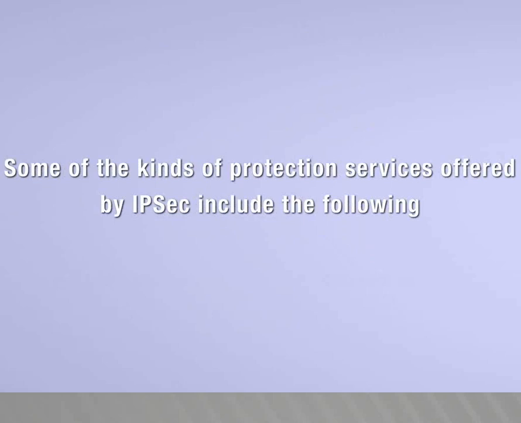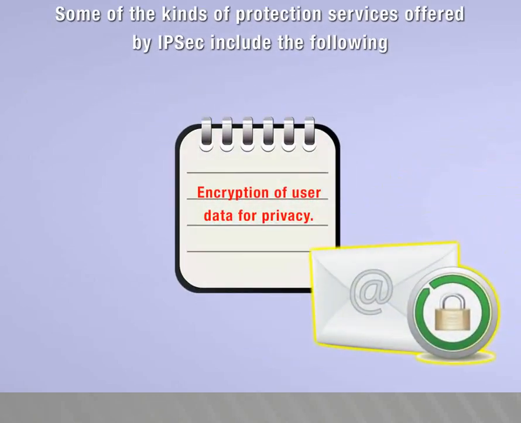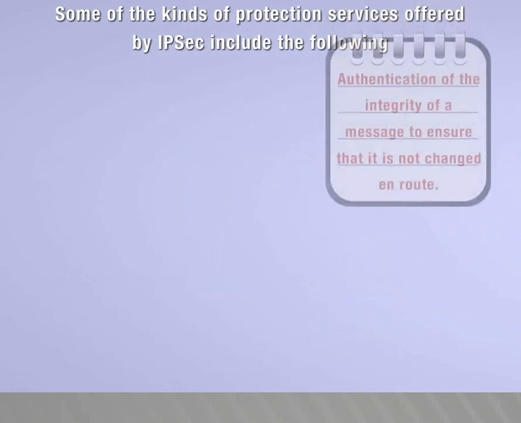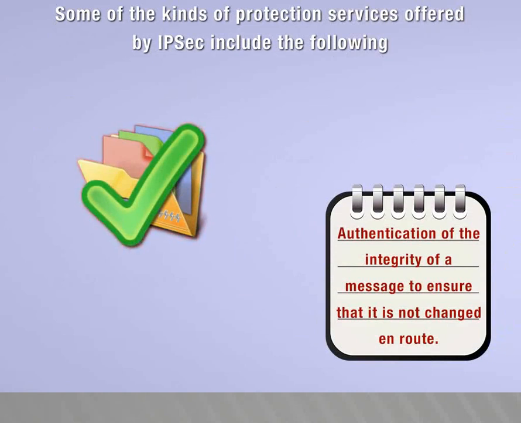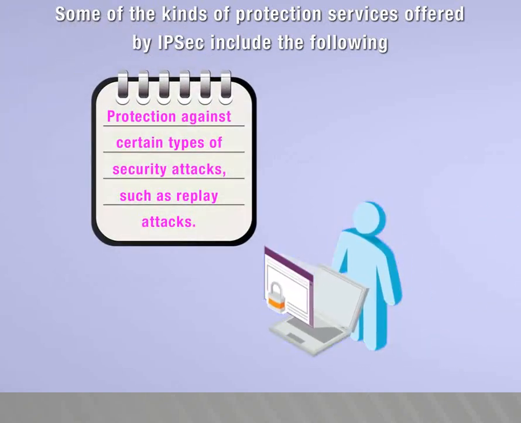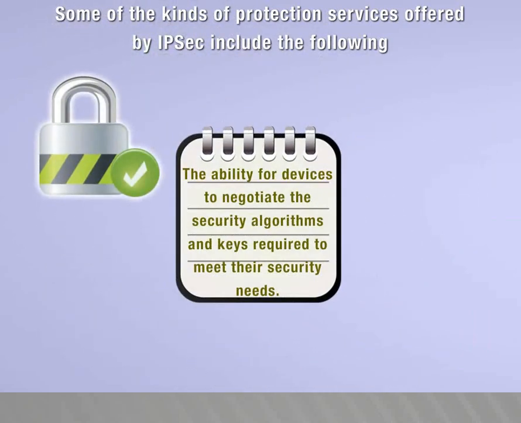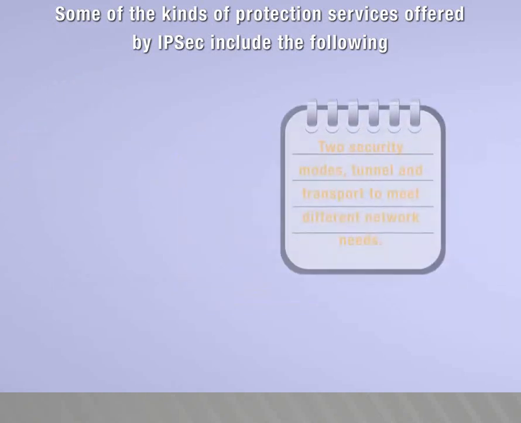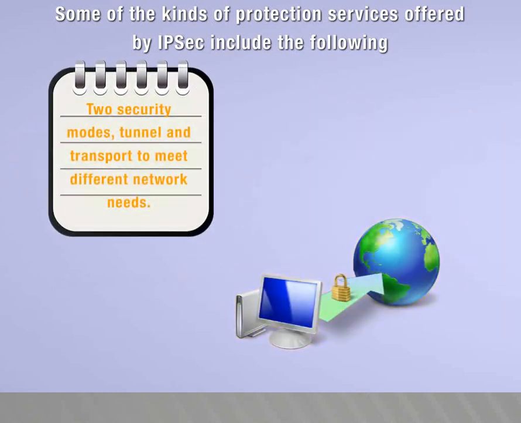Some of the kinds of protection services offered by IPsec include the following: encryption of user data for privacy, authentication of the integrity of a message to ensure that it is not changed en route, protection against certain types of security attacks such as replay attacks, the ability for devices to negotiate the security algorithms and keys required to meet their security needs, 2 security modes, tunnel and transport to meet different network needs.